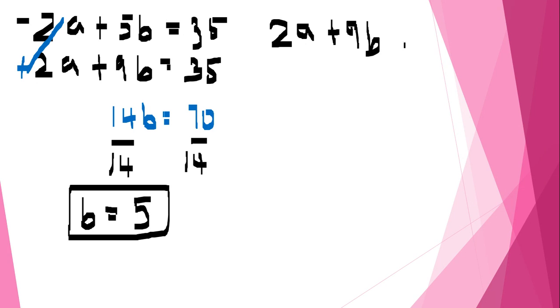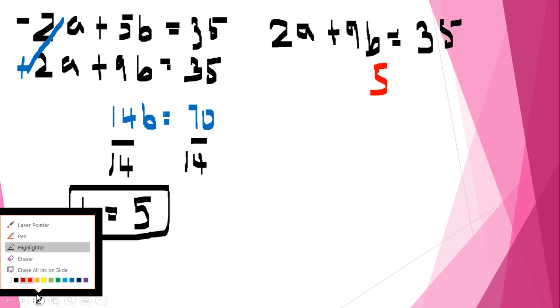So I've got 2a plus 9b equals 35. I would substitute 5 in there where b is, and the rest of the numbers just remain as they are.